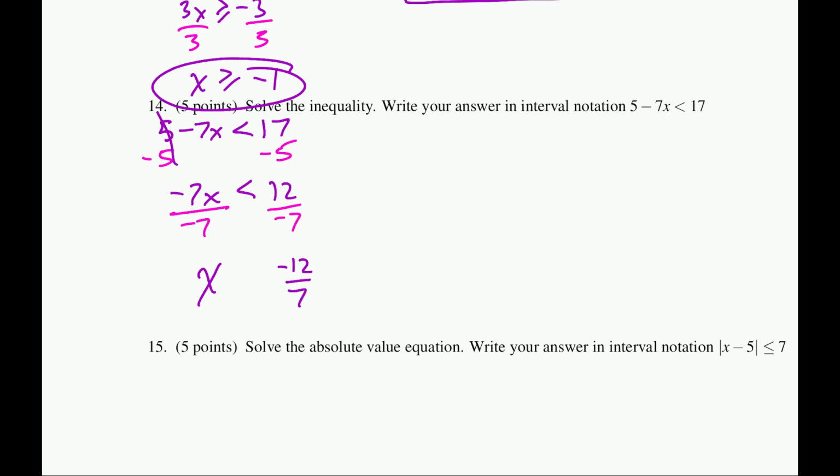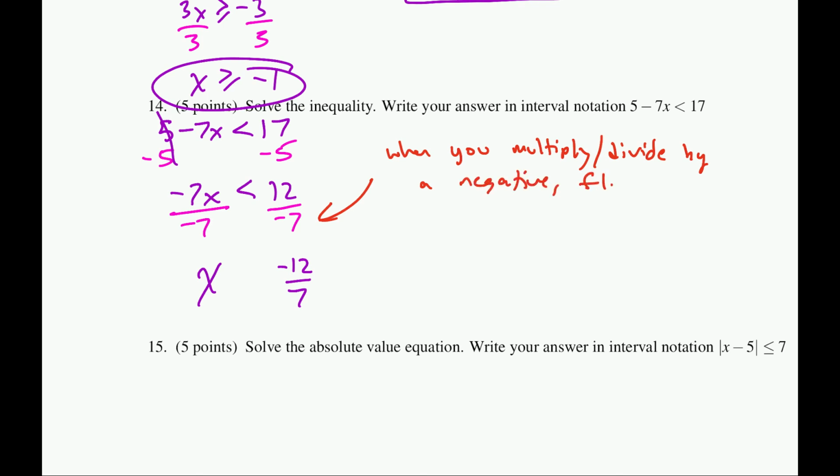The big thing to keep in mind here is that when you multiply or divide by a negative, the symbol flips direction. So when you multiply or divide by a negative, flip the symbol. Instead of pointing to the left, it is going to point to the right.